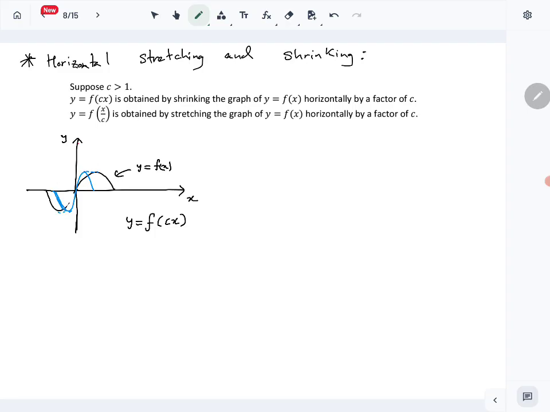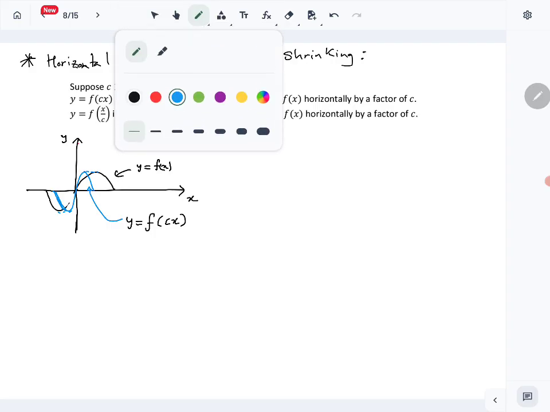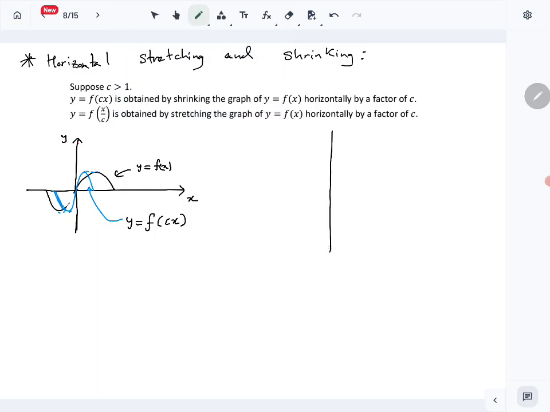Those are the same size. But the x values halve, or not half, shrink by a factor of c. So in both directions, what happened? This black curve shrank. So this is how you obtain f of cx, right? Then the final type.